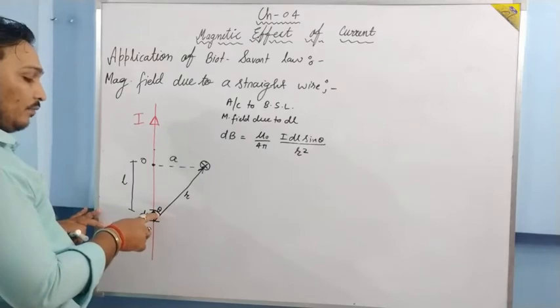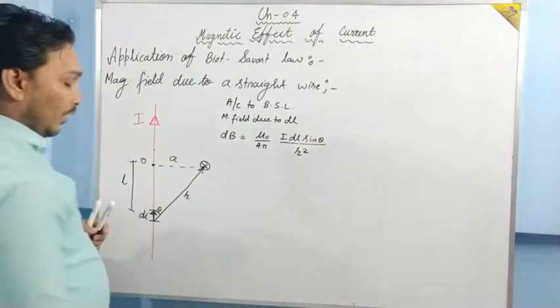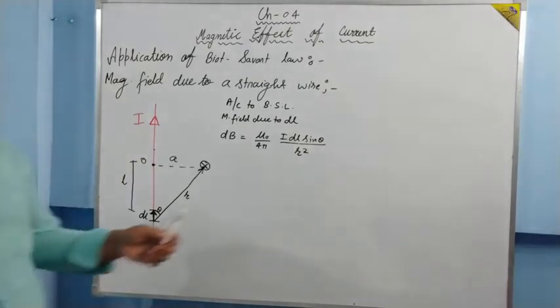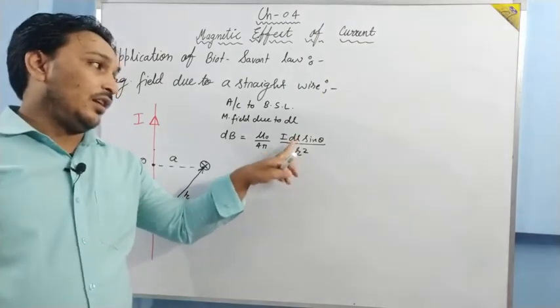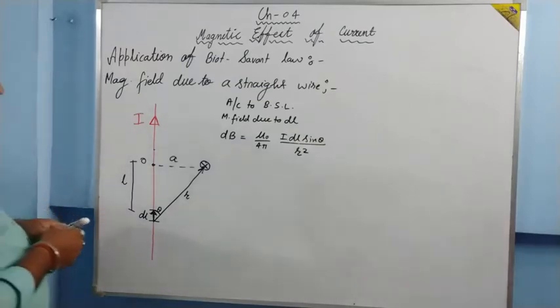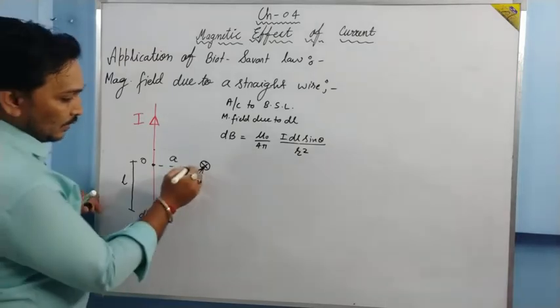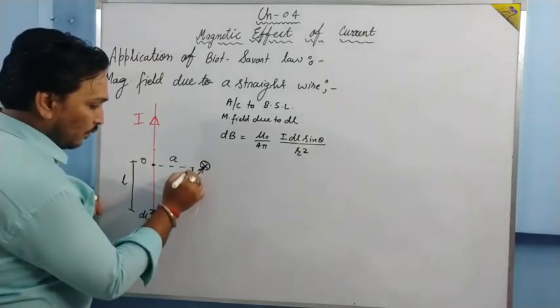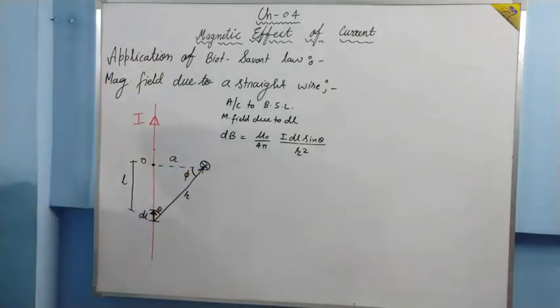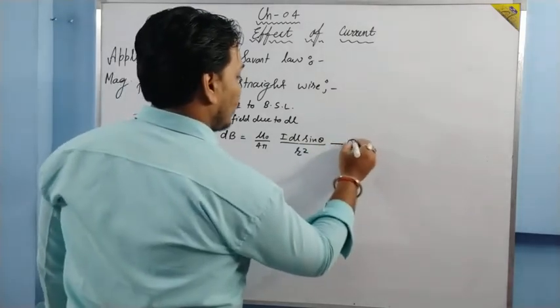See this angle. If somewhere here, then theta will be different. So what we need to do is change this r, dl and theta in terms of a common variable. And let us take that common variable as phi, this angle. Okay, let this be your question number 1.